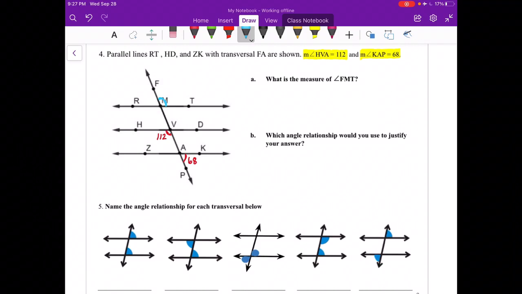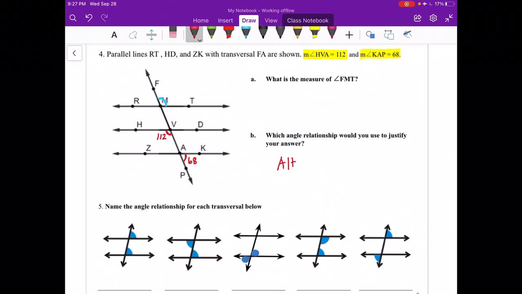If we compare this angle to the angle that we know is 112 degrees, you'll notice that these two angles are alternate exterior angles. So that actually answers part B for us.